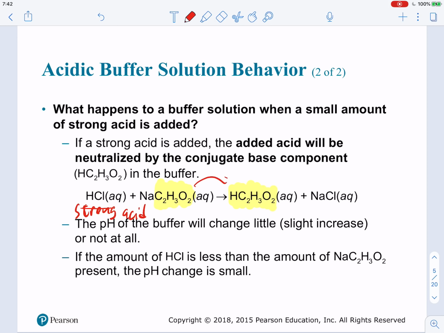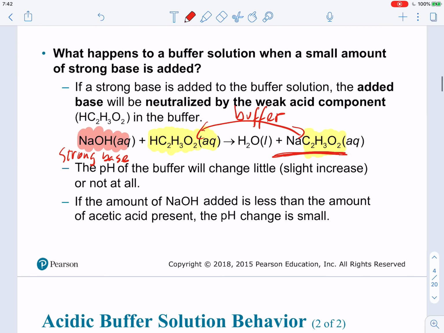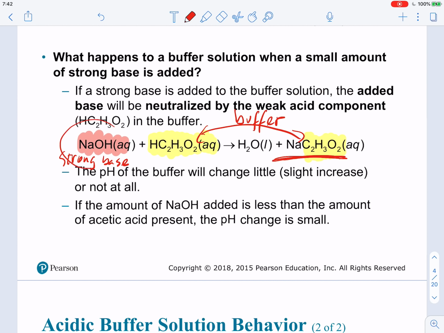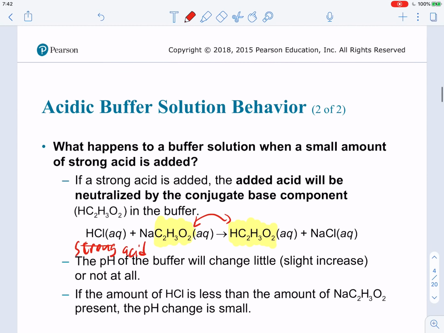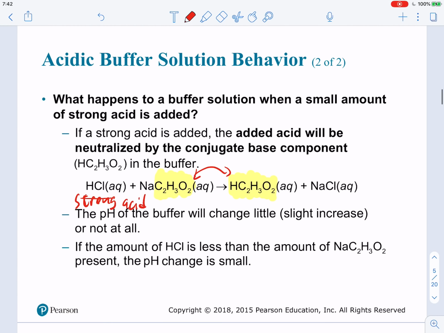Now, the situation here is that if you are adding acid, then the acid will react with the conjugate base of the buffer. Okay, so in the first case, the base was reacting with the acid. In this case, the strong acid is reacting with the conjugate base, and then you are regenerating the acid.